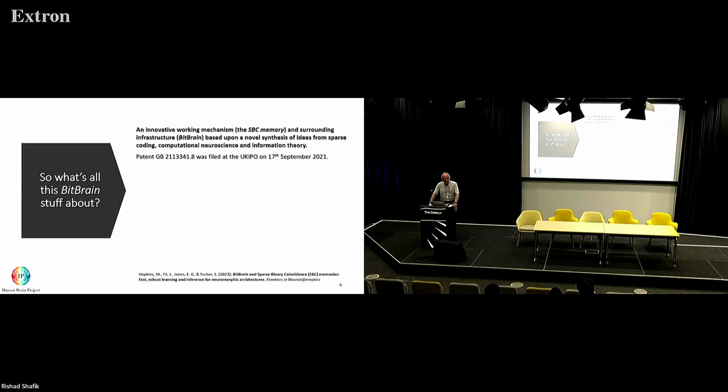And these SBC memories can be built together into an infrastructure that we call BitBrain. If you trace back where these ideas have come from, sometimes when I describe the mechanics of the memory it won't be obvious. But the kind of ideas that are coming together in here are from sparse coding.